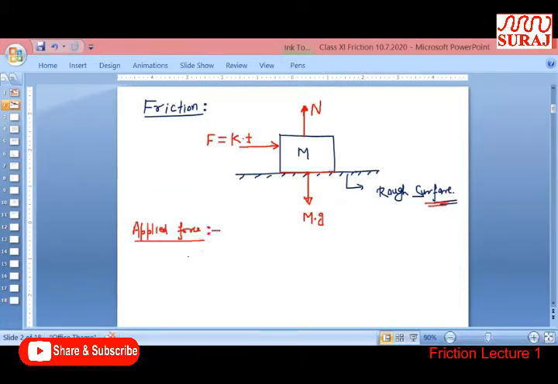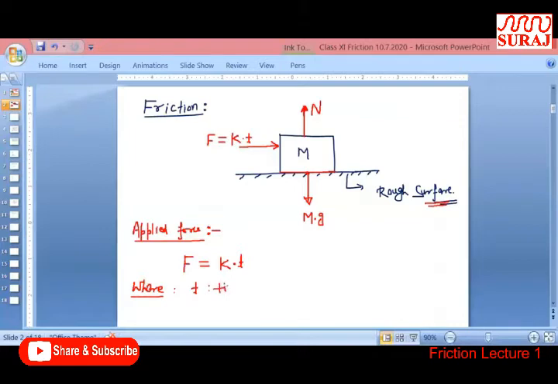Try to understand, I will be dealing with very basic concepts initially. The applied force F equals kt. I have considered it varying with time.